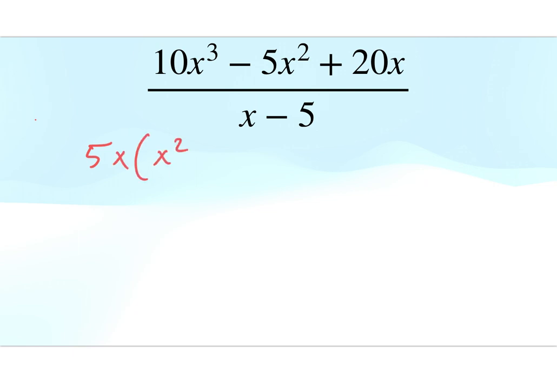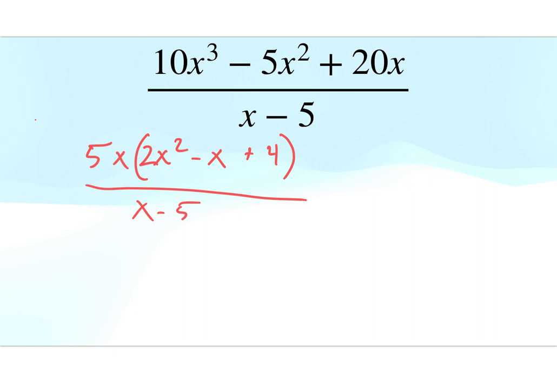So then I'll have x squared minus 2x squared, because 10 divided by 5 is 2. X cubed divided by x is x squared. Negative 5 factors out, so I just have negative x. And then I'll have plus 4. In the denominator, I will have x minus 5.